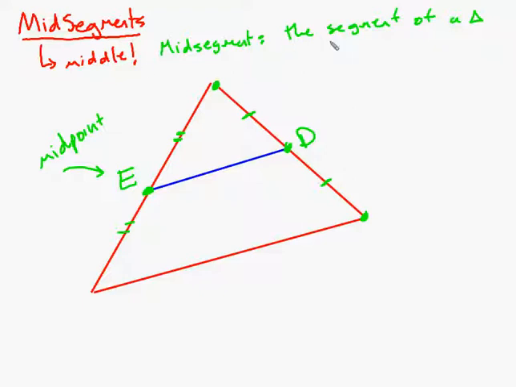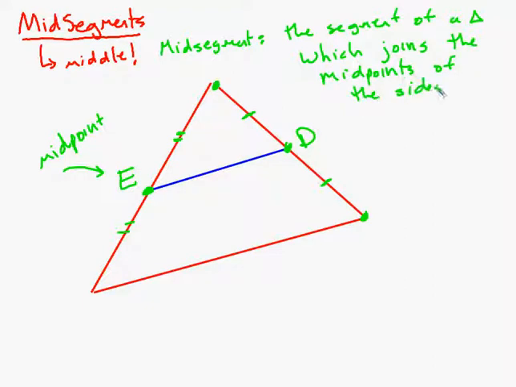A mid-segment is the segment of a triangle which joins the midpoints of the sides of a triangle. That's the mid-segment. It's joining the midpoints of the sides of the triangle.